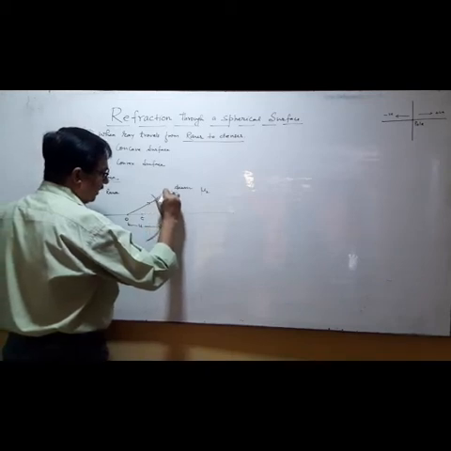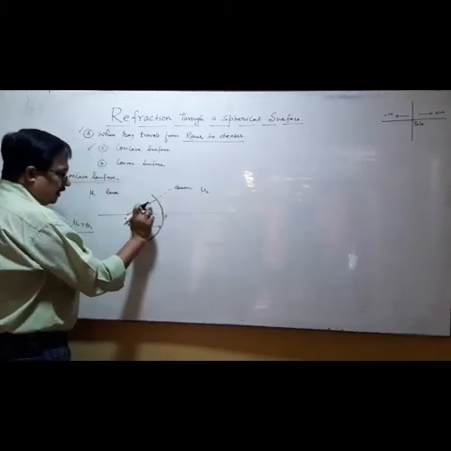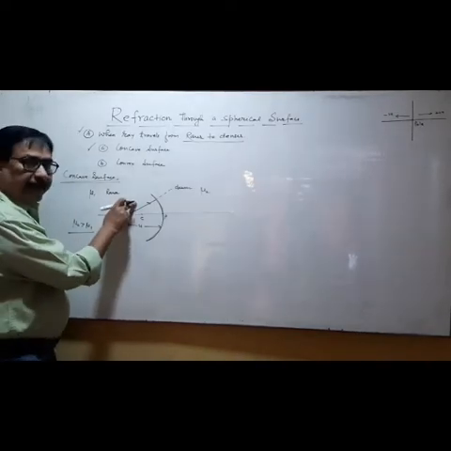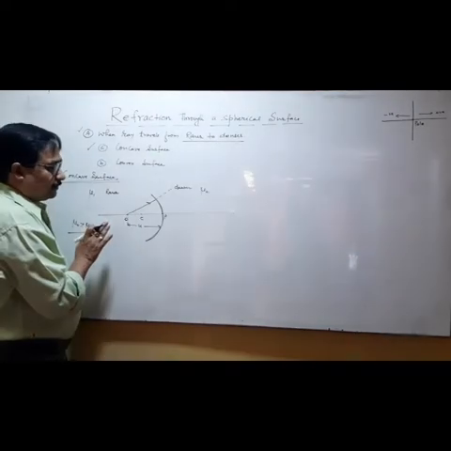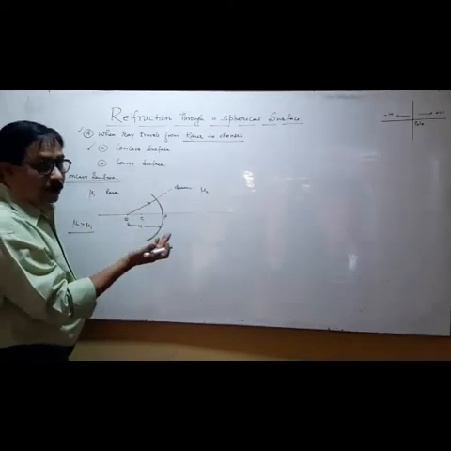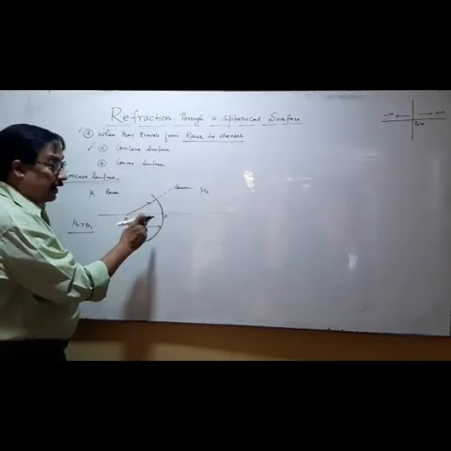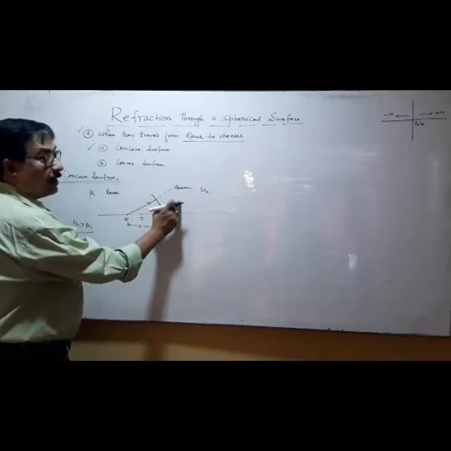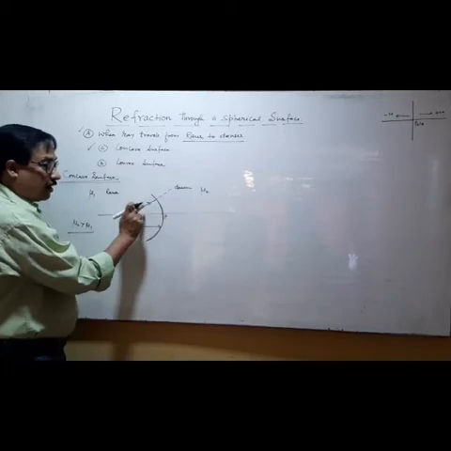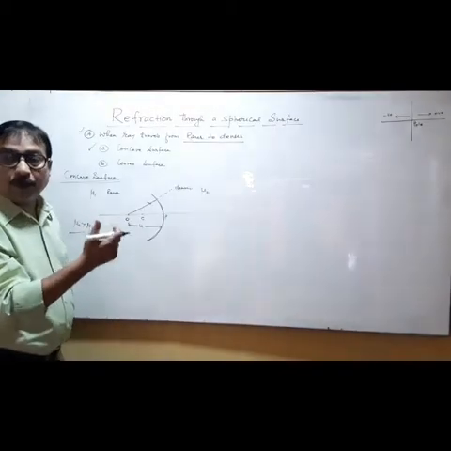This is the original direction. But actually the medium changes. The ray has to deviate from its original path. And this ray will go either towards the normal or away from the normal, depending upon the nature of the medium number 2. As the second medium is denser, so the ray will move towards the normal.